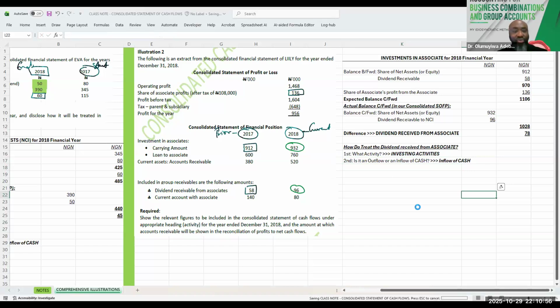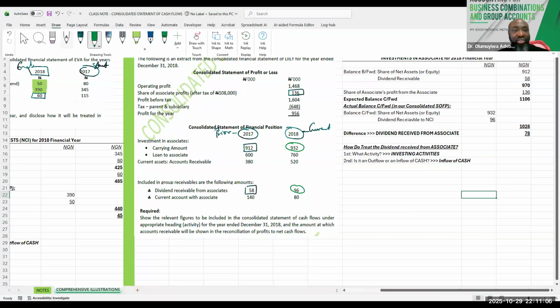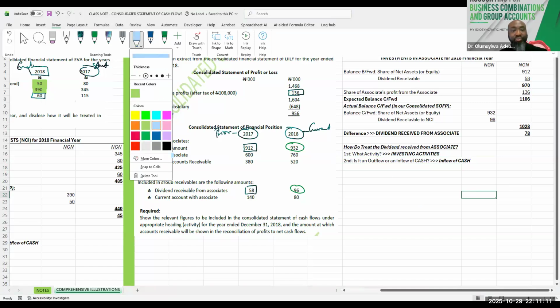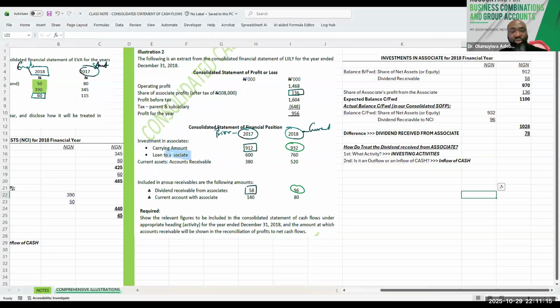But we have not finished the question. Remember that we also talked about the fact that there are other transactions that will have occurred between the associates and the parent. And one of them is loan to associates.